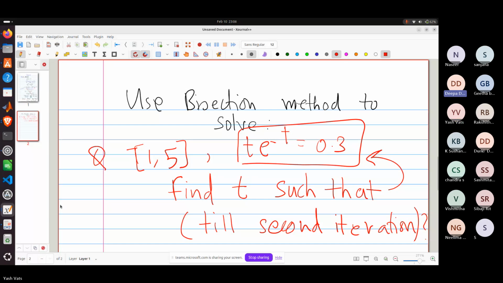The initial interval is 1 to 5, given. So in the second iteration, the value is coming 2. The first is 3. Okay, let's try that second one, 2. Let me try first. Wait a second.